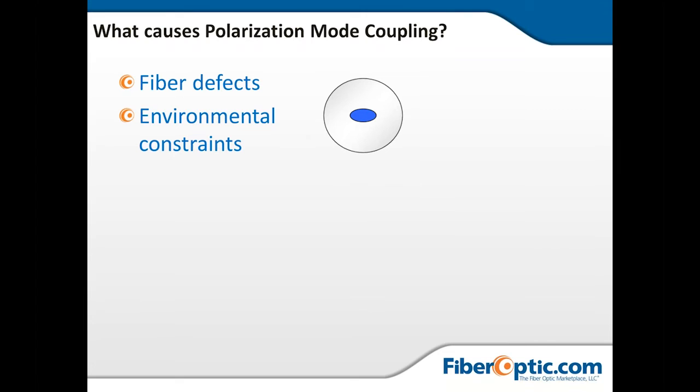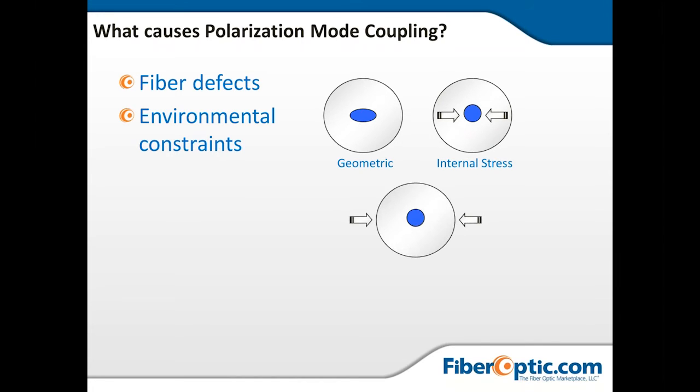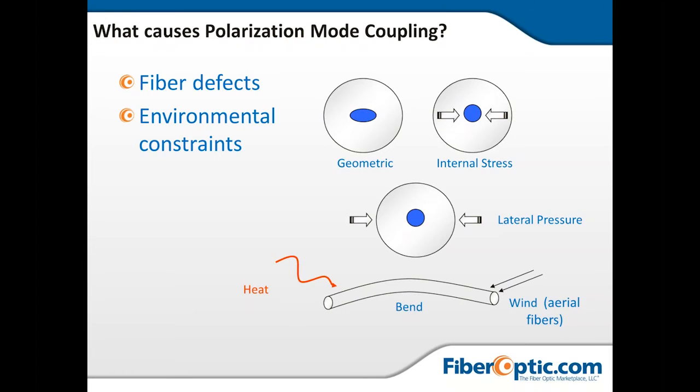So we might have a fiber defect, geometric. We might have some stress asymmetries. We might have some external stresses, lateral pressures from wind. In fact, I've tested fiber for PMD on a windy day, and your numbers change just from the wind.